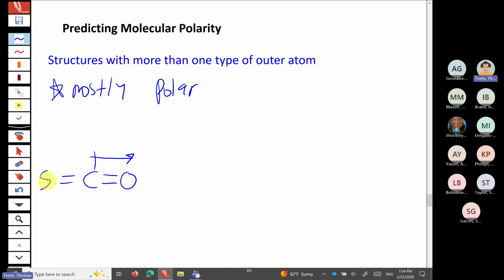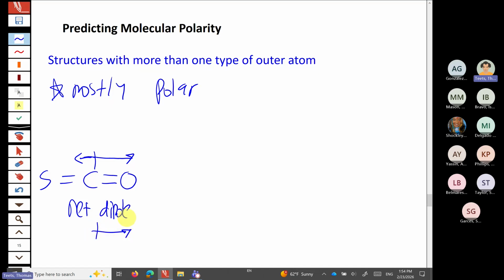But sulfur is less electronegative than oxygen, and the difference between carbon and sulfur is very small. So the dipole for this one is smaller. It's still pointed towards sulfur, but it doesn't completely cancel each other out. Because this time the two dipoles are not equal. In order for them to cancel each other out, they have to be equal and opposite in direction. This time the dipole pointing towards oxygen is stronger, and so you're going to have a net dipole in this molecule pointed towards oxygen.